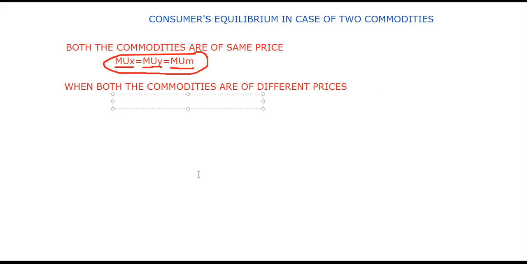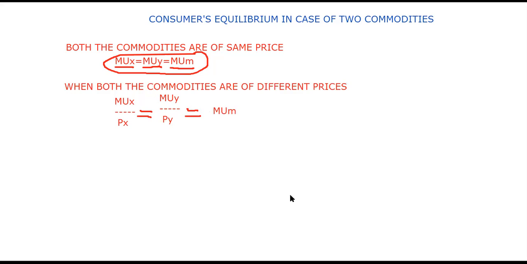See, the condition will become MUx upon Px is equal to, one second, let me write the condition, MUy upon Py is equal to MUm.